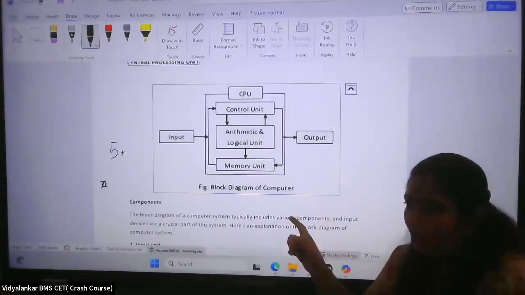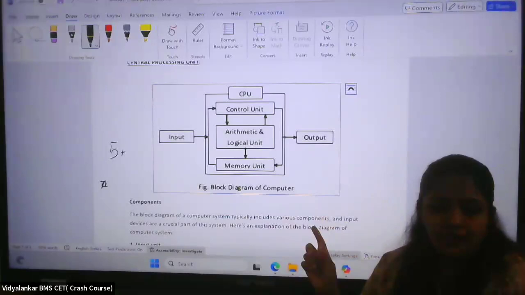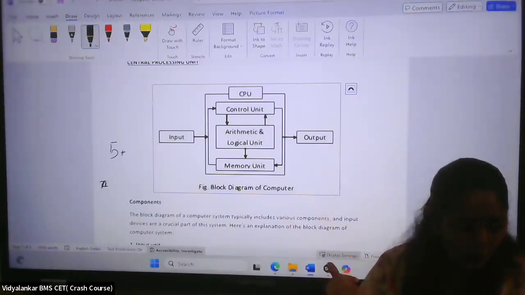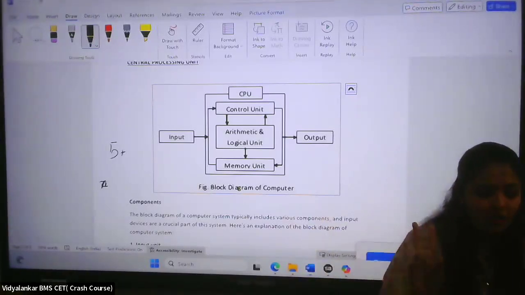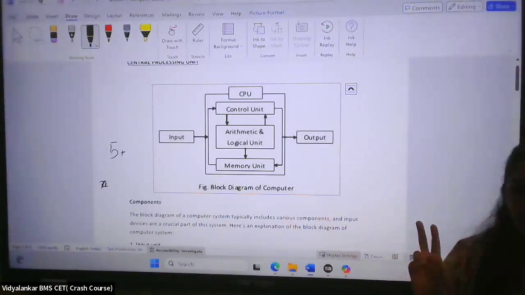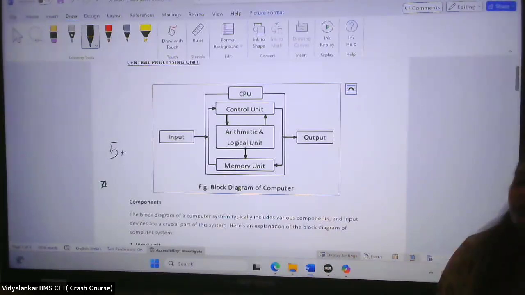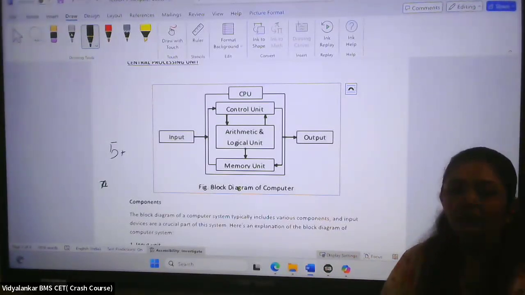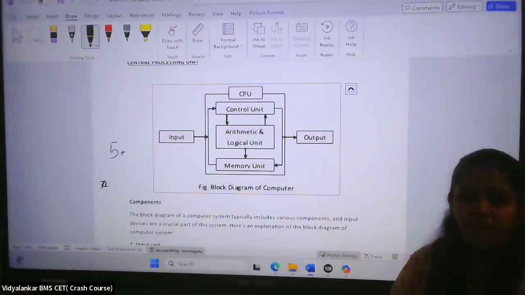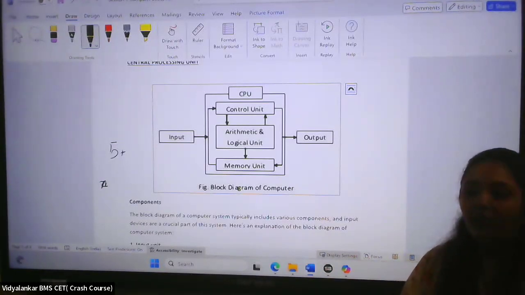Is that clear? So I want you to note down memory unit. It has two types. Online, I hope even you are noting down memory units of two types. First, we'll write the category of primary memory. Primary memory. And just write first one.